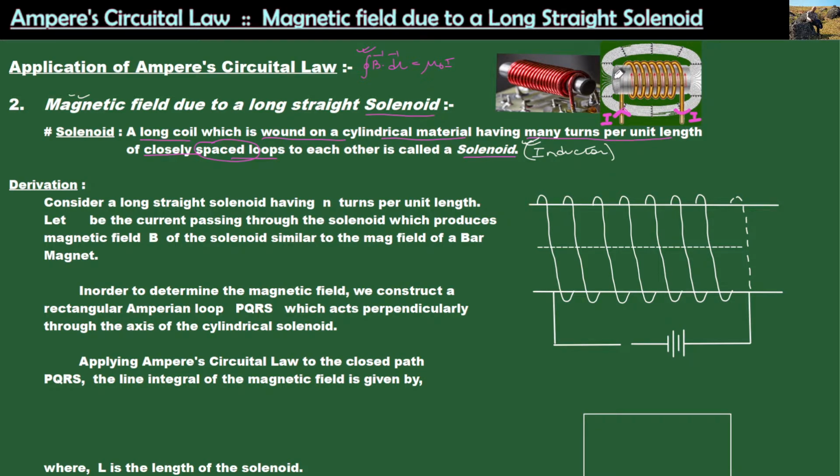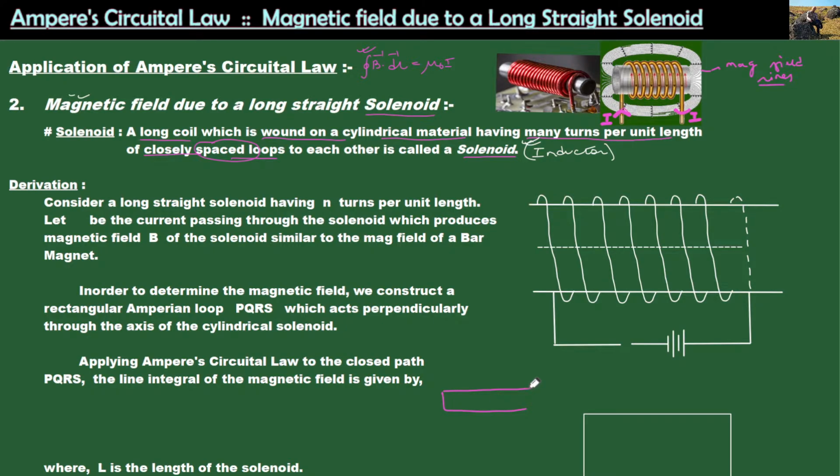All these circles which I have drawn are nothing but magnetic field lines, and the magnetic field lines generated by a solenoid are similar to the ones generated by a bar magnet.